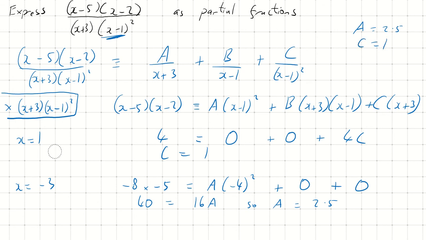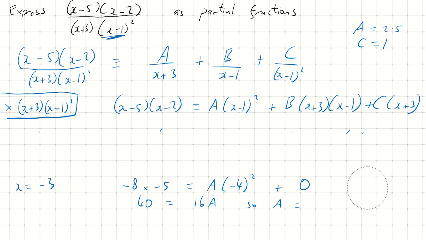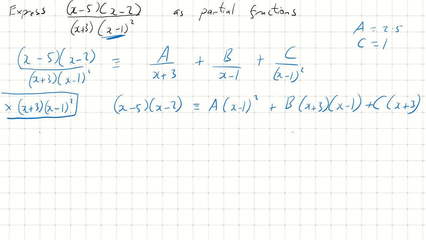Let's get rid of some of this work to give us space to find B. Now B is a little bit trickier because there's not really a good value of x to choose that will cancel out lots of brackets. Actually, it doesn't really matter what value of x we choose, because now we've worked out A and C, we can work out B with any value of x. So for ease, let's choose x = 0.